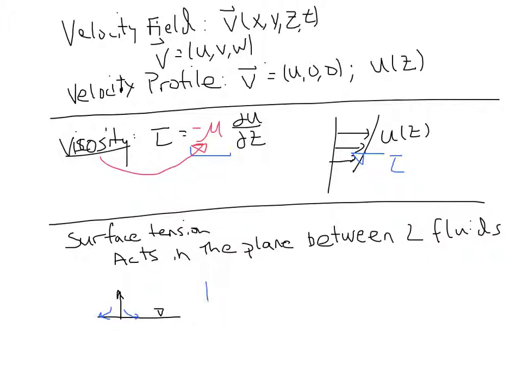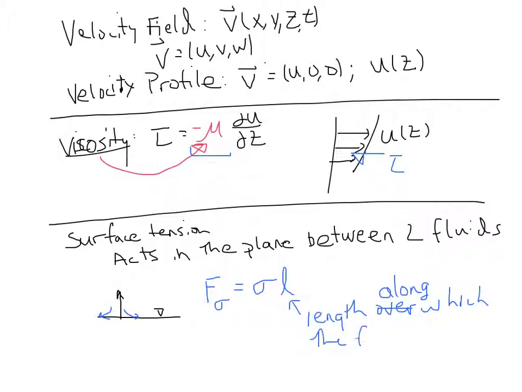Now the surface tension force, F sub sigma, is given by the surface tension parameter sigma times L. L is the length along which the force acts.